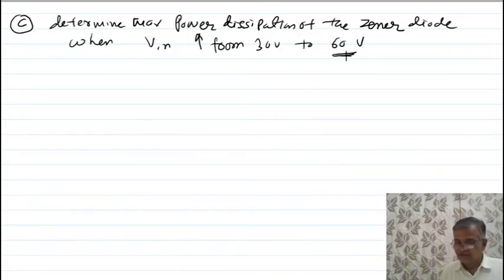Means if your input voltage goes from 30 to 60 volt, then what is the maximum power dissipation?